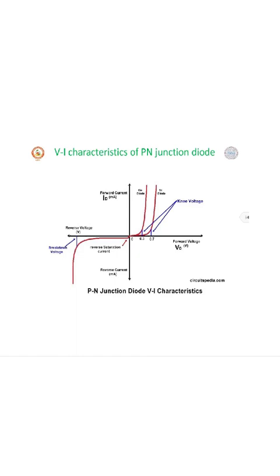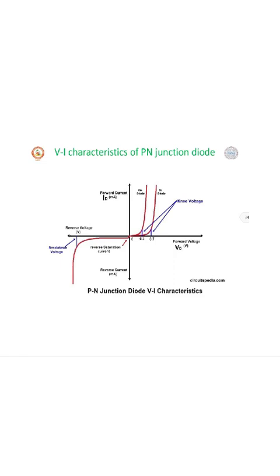Forward characteristics of the diode: this mode is called the on mode of the diode. The P side is connected to positive and the N side is connected to negative. The following points are observed. The current in this mode is called forward current IF, only due to the majority carriers.